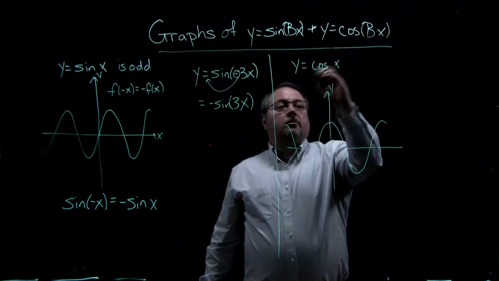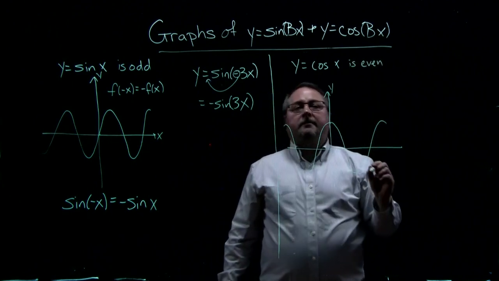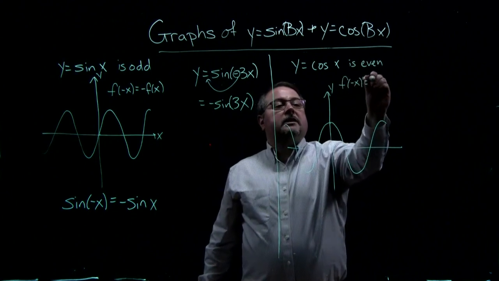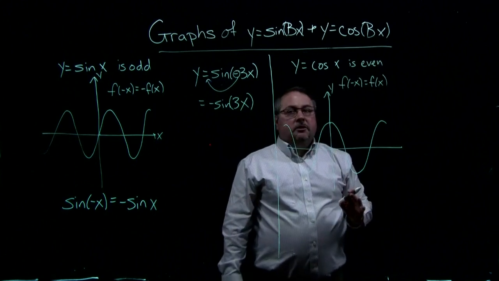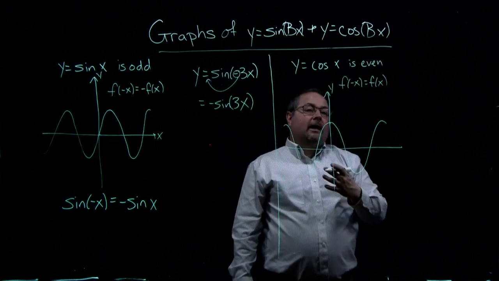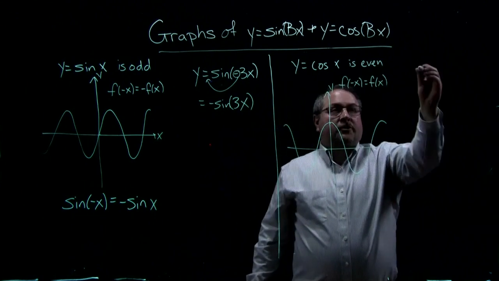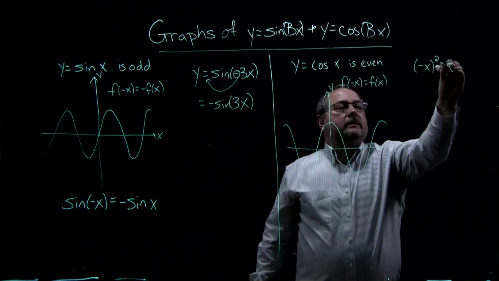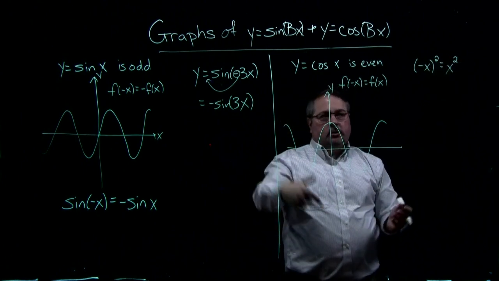This means that the cosine function is even. An even function has the property that f of negative x is equal to f of x. Graphically, even functions behave like even powers of x. So for example, if you had x squared and replaced the x with minus x, negative x squared is the same as x squared, because negative 1 squared is 1.